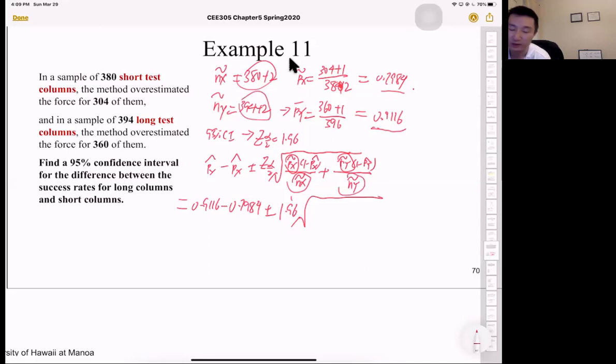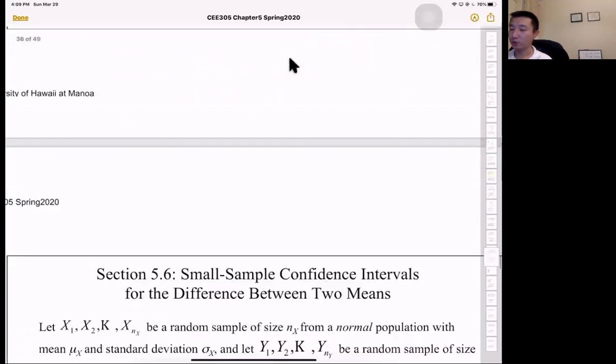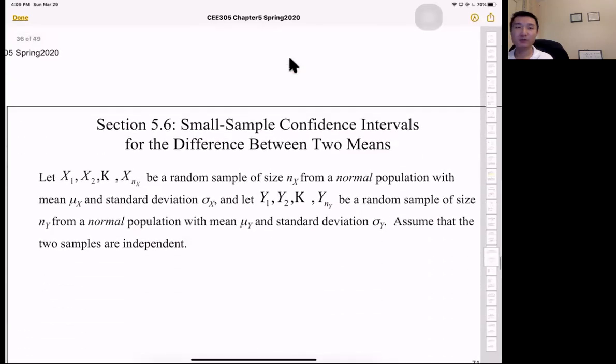Ignore the details; the answer will be computed from this. All right, so that's the example for the difference between two proportions. So that's the end of this class.